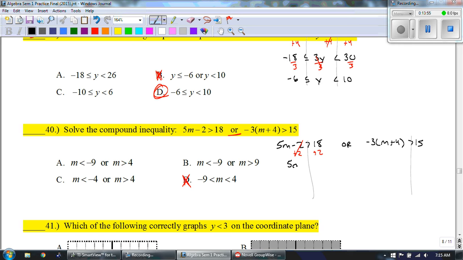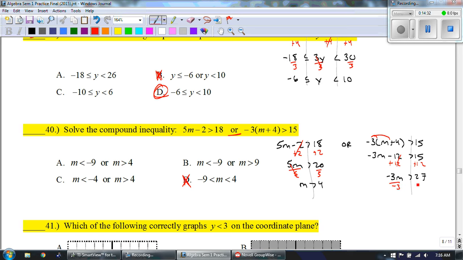And we get 5m is greater than 20. And then to get m by itself, we get m is greater than 4. Now on the other inequality, I have to distribute the negatives, so that's negative 3m minus 12 is greater than 15. I have to add the 12 to both sides. I get negative 3m is greater than 27.